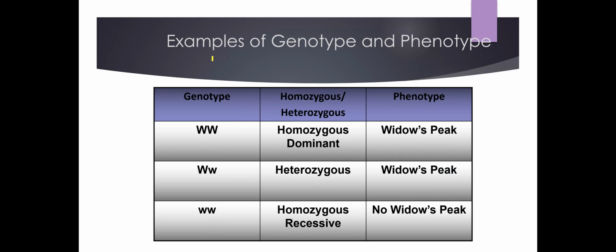So when we put it all together, the genotype or the letter combinations, we describe those as either homozygous or heterozygous. Remember that capital are dominant, lowercase are recessive, and then the genotype determines the phenotype. So if you are homozygous dominant or heterozygous, notice that both of these are the dominant trait, and the only way you get the recessive trait is if you have two recessive alleles.